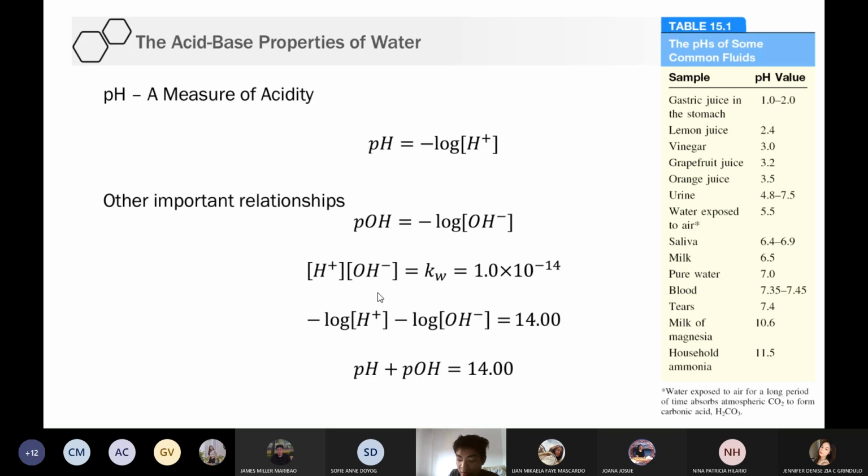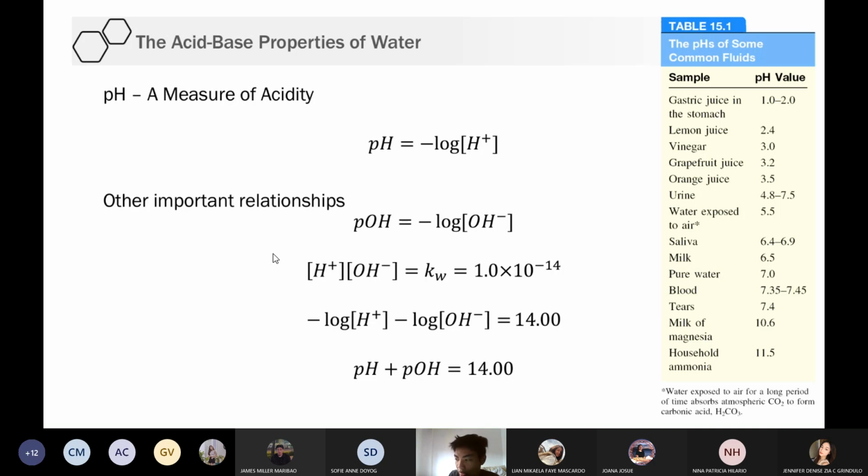If you get the negative logarithm of the two values, etong product na to, pag kinuha mo yung logarithm niyan, nag-i-split sila into 2. Okay? So again, yung product, kapag kinuha yung logarithm, it splits into 2. Okay? So naghihiwalay sila sa dalawa. So you have the negative log of H plus and the negative log of OH minus. So we have negative log H plus minus log OH minus.